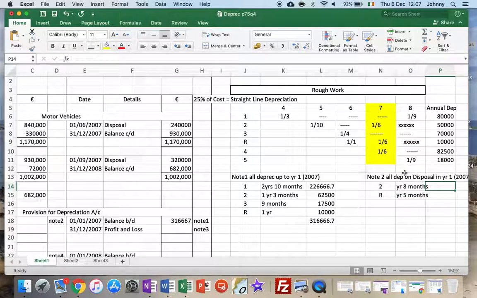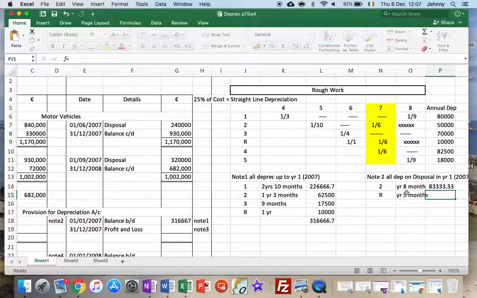So 50,000 times, so 1 year and 8 months is 20 twelfths, and the second, 1 year 5 months, so that's 10 grand times 1 year 5 months, so 5 months and 12 months is 17 months, so times 17 over 12.